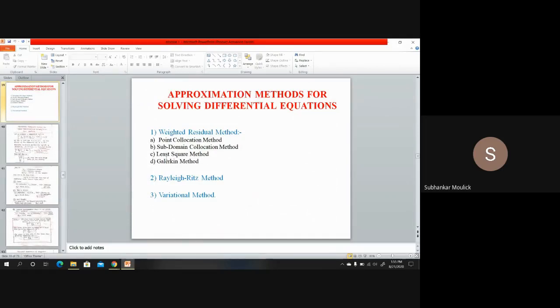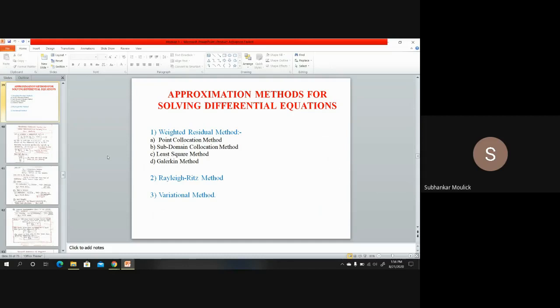And one more point, which I told you in the last class: there may be no governing differential equation, no boundary conditions, and no trial function. Just the problem statement will be given to you. According to that statement, first you have to frame the governing differential equation, the boundary conditions, and the trial solution, and then find the approximate solution by any of these techniques.